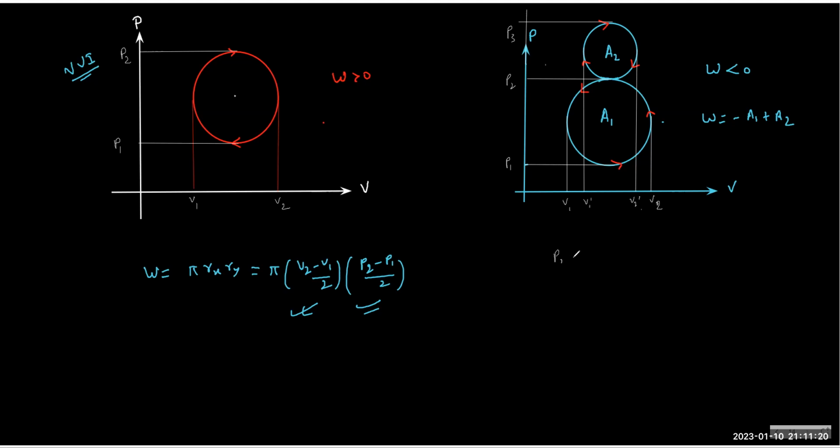So by taking the P relation, you can find the V relation. Like (P2 minus P1) by (V2 minus V1) will be the same as what? The ratio will be the same as (P3 minus P2) upon the corresponding V difference. So they will not give you all the answers. You can find this relation.